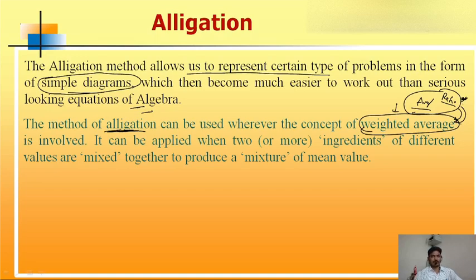So the method of allegation is based on the concept of average, and it can be applied when two or more ingredients of different values are mixed together to form a mixture of mean value, as I said in the definition.